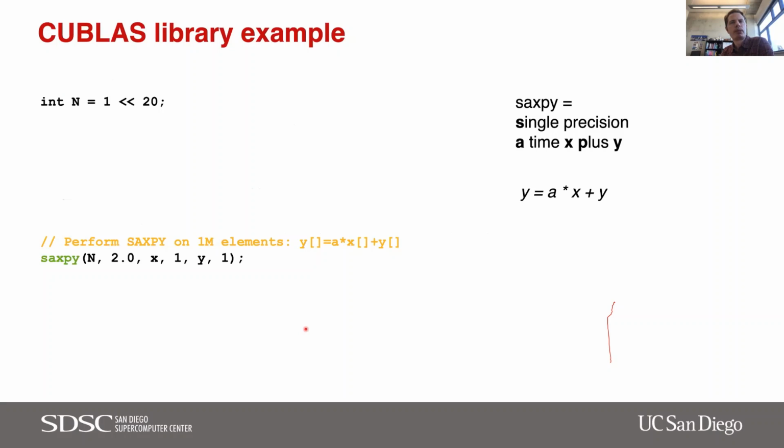So here's an example of SAXPY. We have input data: a constant A, which would be 2.0 here, and a vector, or a linear array X, and a linear array Y. And you get as a result Y as A times X plus Y. And these are the strides that you have to provide to the BLAS function. And you would do this here for 1,000,000 elements, for instance.